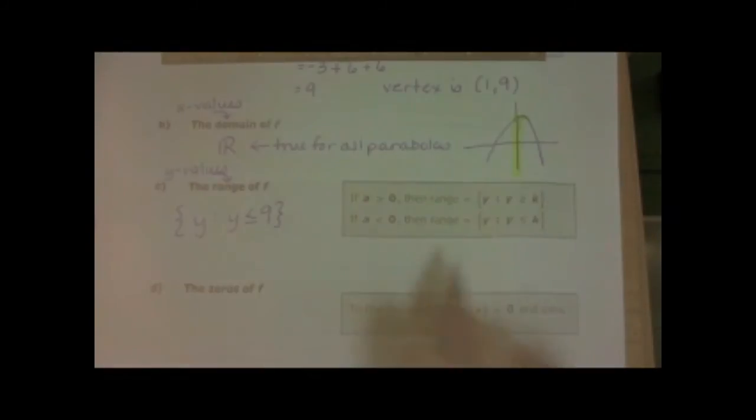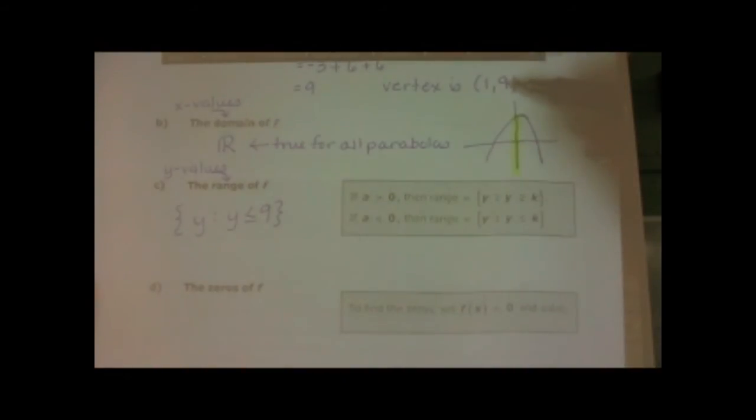And in our case, this is the number 9. All right, so this box here on the right tells you how to write this. So this is all Y's such that Y is less than or equal to 9. And it's not just less than, it's less than or equal to, because it's also this point 1, 9.